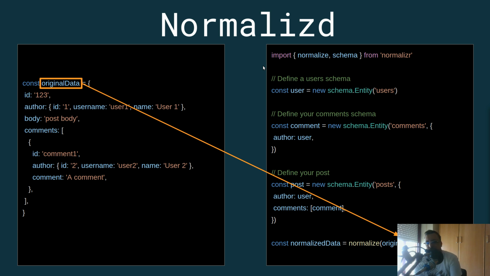The original data, I think this is the response for a post. Okay, so imagine we have the post with ID 123. It has the author, with ID, username, name, and it has the body and the comments. As you see, it's a normal response of an API. It gives the complete objects.